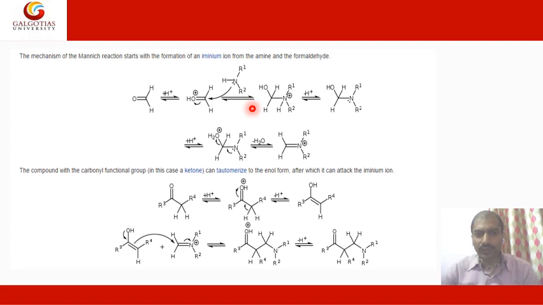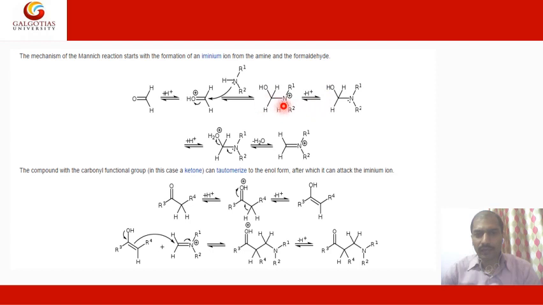This is a general reversible kind of reaction. The plus charge appears because this proton gets attached to the lone pair of electrons. Now the lone pair of electrons on this amine will attack the electron-deficient carbon center.